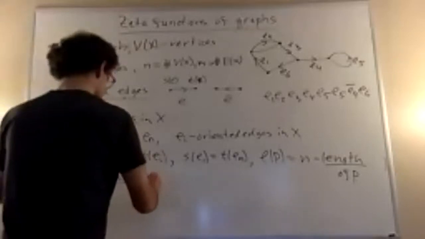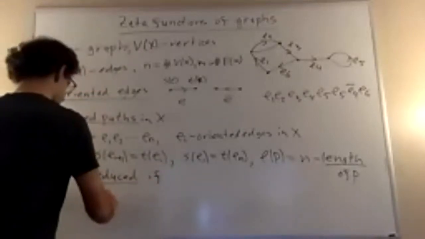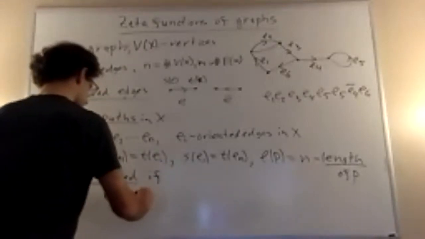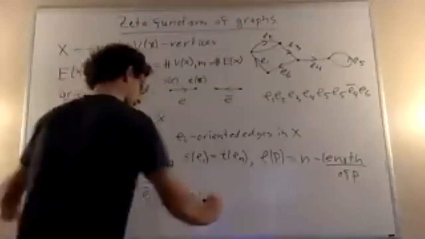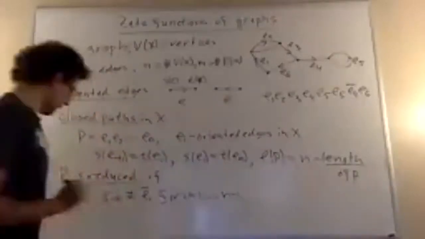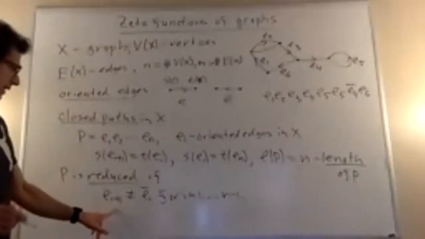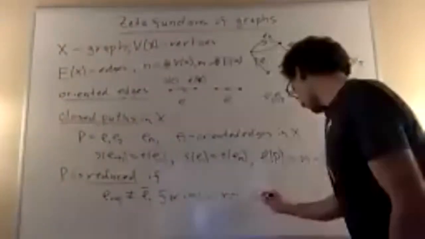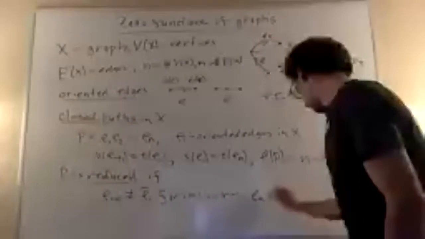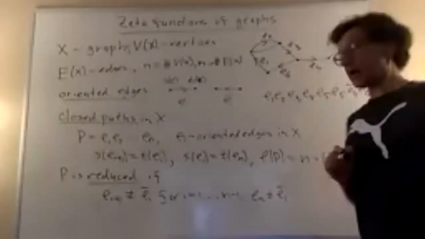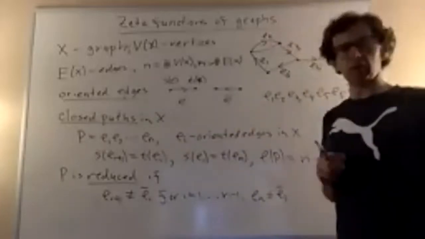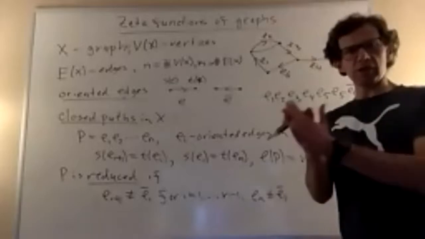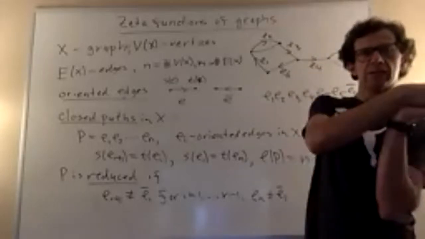So P is reduced if E(i+1) is not equal to Ei bar for i equals 1 to n minus 1. And also, I don't want the last edge to be the opposite of the first edge. So En is not equal to E1 bar. Okay. So think about a closed reduced path as a way of taking a run or a stroll around your neighborhood with the property that you never actually turn back and go back the way that you came.